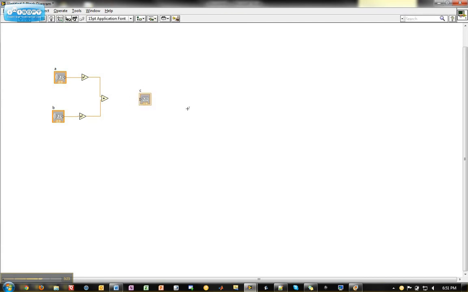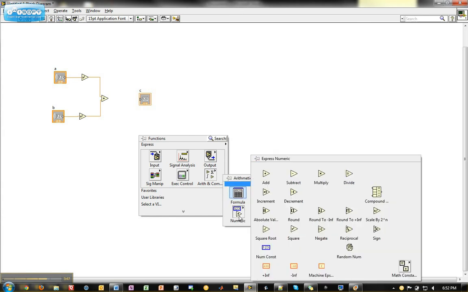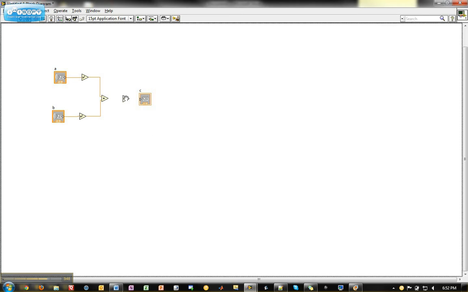Then, we'll get A squared plus B squared, and that's fine, but the problem is we don't want the side C squared, we just want the length of C of the right triangle, the length of the hypotenuse. So when you have C squared, what you can do to get rid of that square is use numeric and take the square root of it.